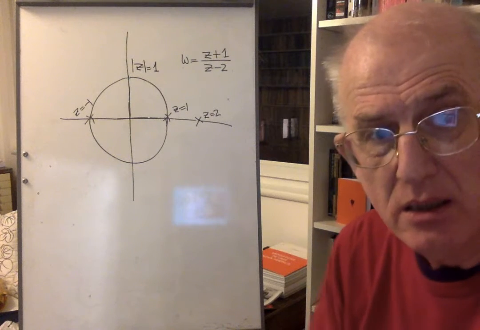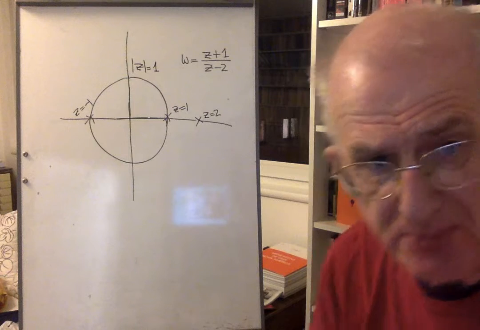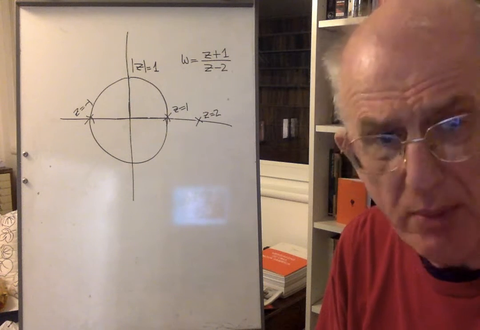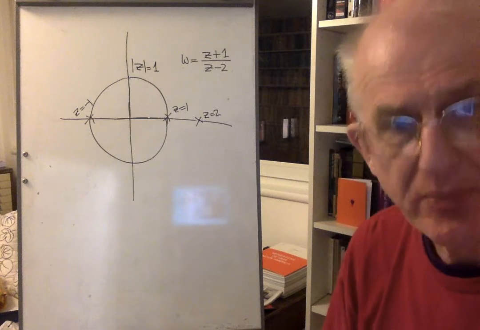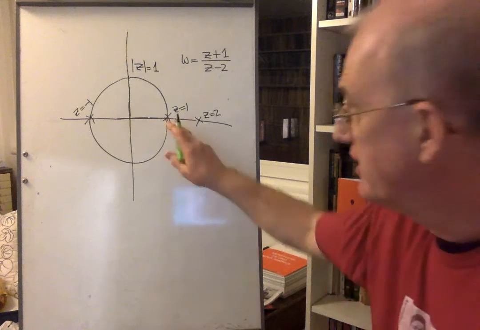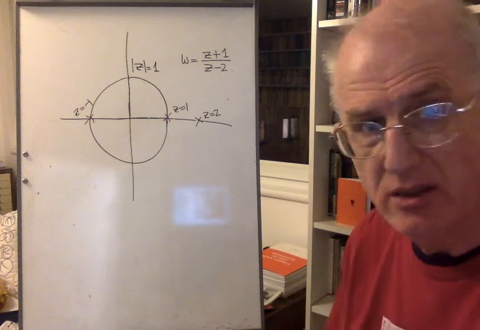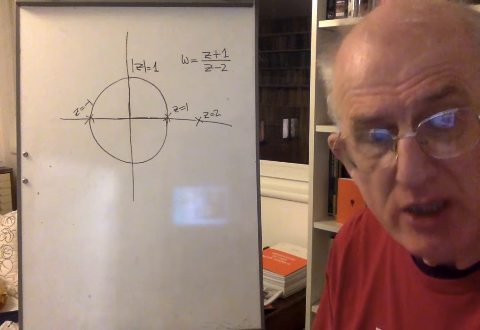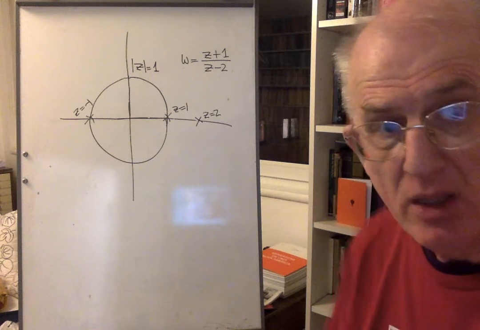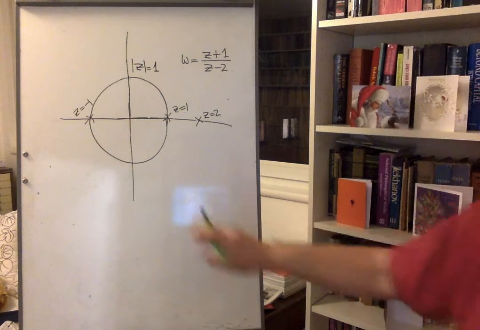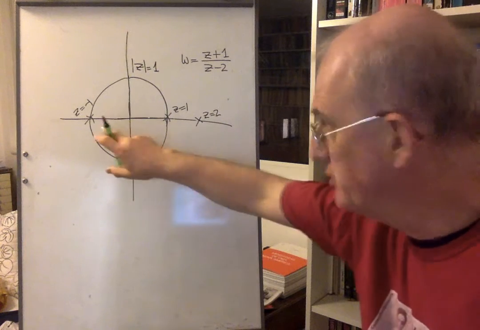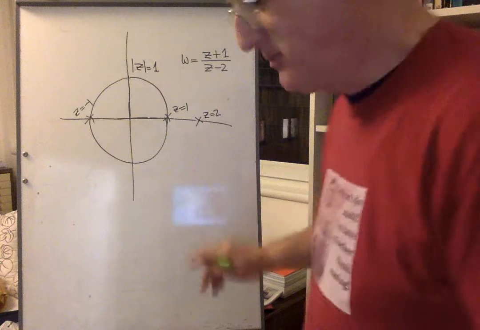And the w locus, the path which w follows, will be a circle, and which circle is defined by the fact that this diameter of z transforms into a diameter for w. So all we have to do is to work out what w values we get from these z values.